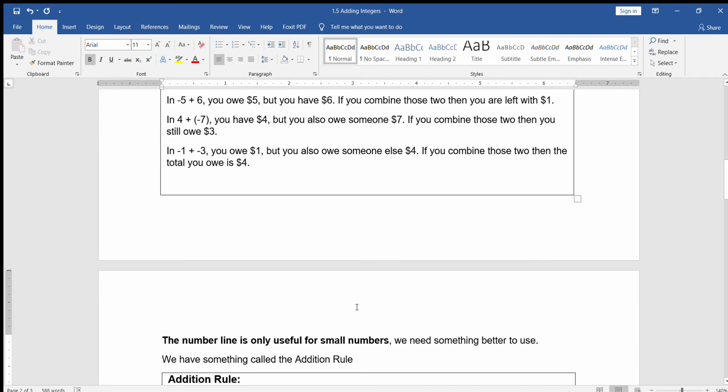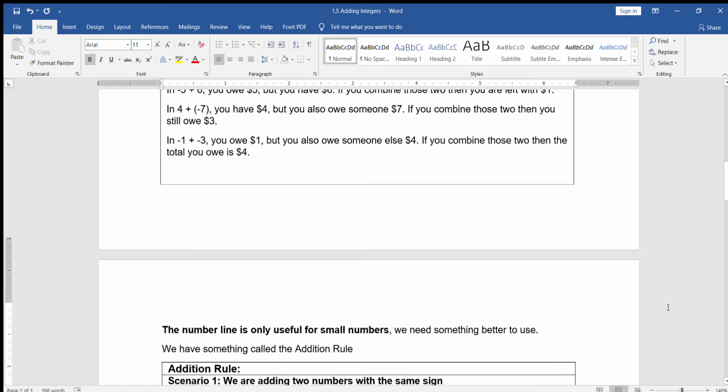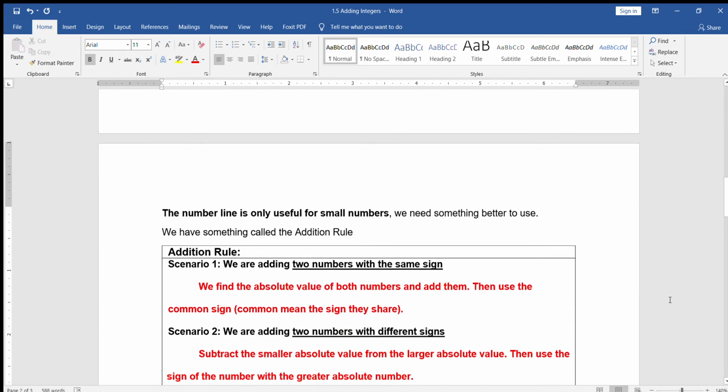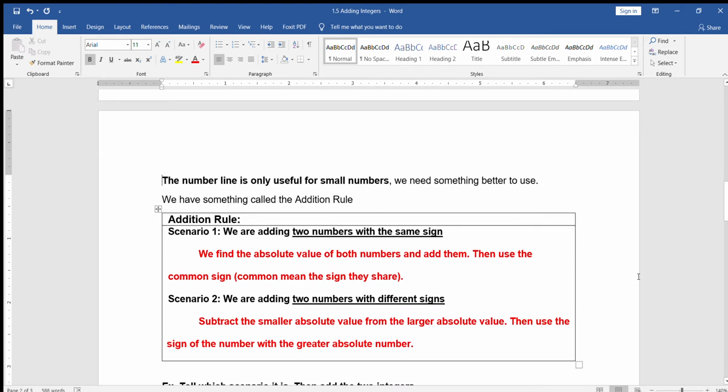There are times where we're going to add large negative numbers with large positive numbers, and I don't want to draw a number line that spans the whole page just so I can fit all the numbers and count them. That's too mentally exhausting, and I'm too lazy. So we need something better to use, and that something is called the addition rule.